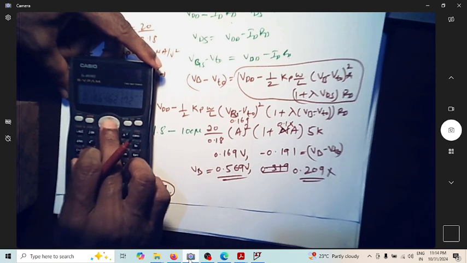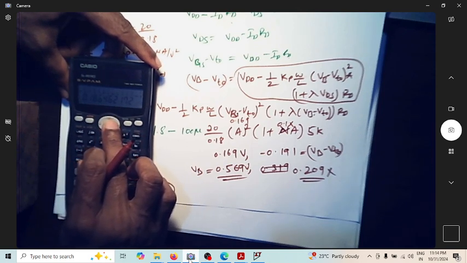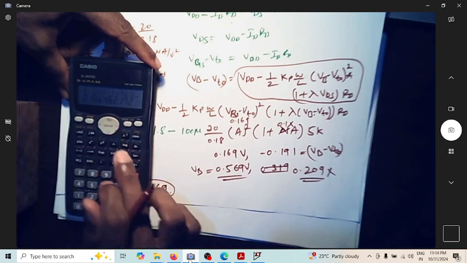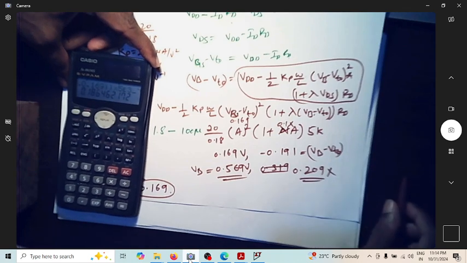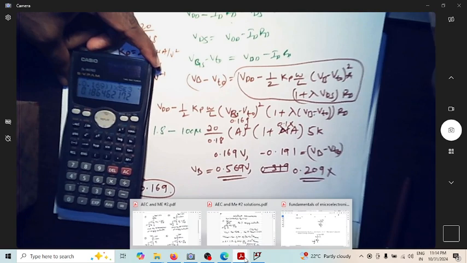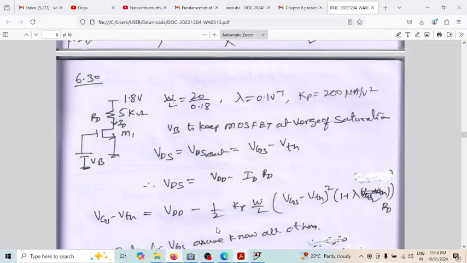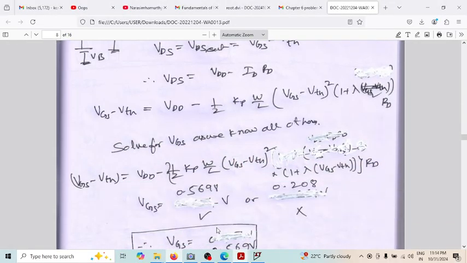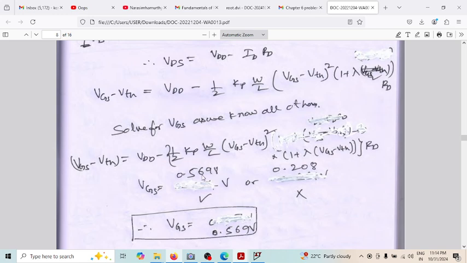It is 0.186. Okay, what is the answer I have here? It is already a solved problem. Let me find out. Okay, you have this. So this is one of the solved problems. Of course, solved problem means I have already shared this with you. So this is how you got the value of VGS as 0.5698.